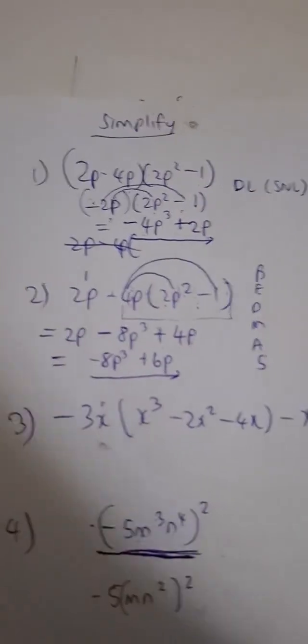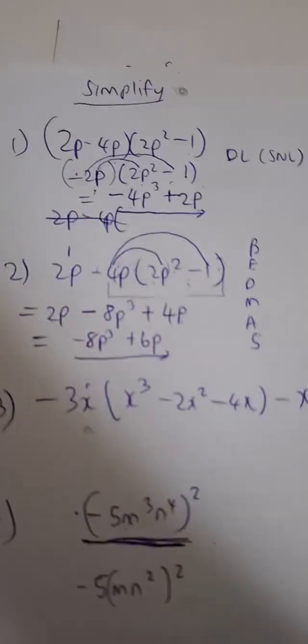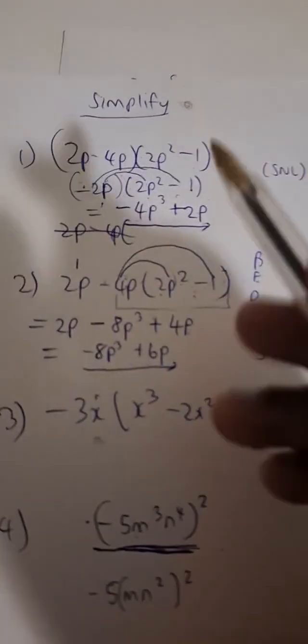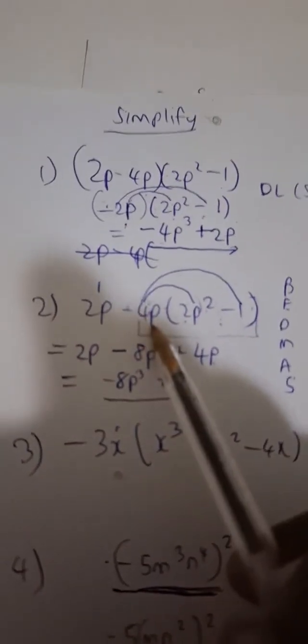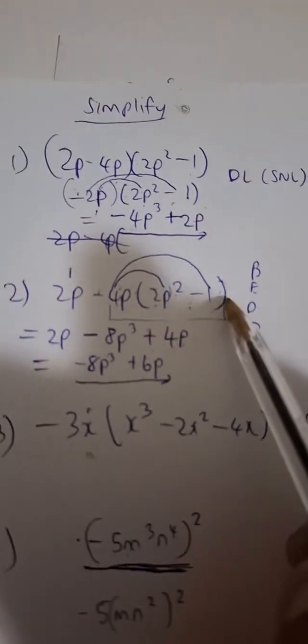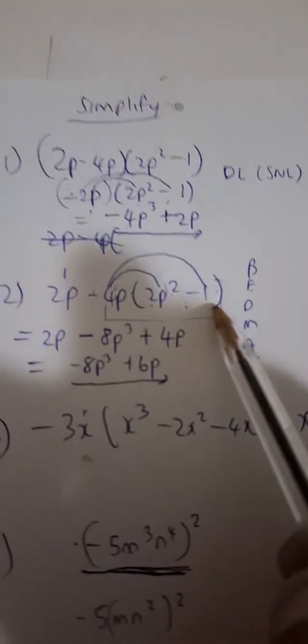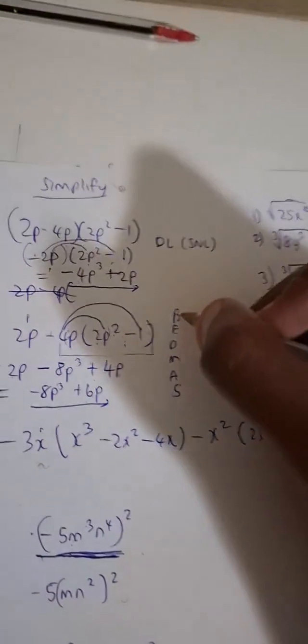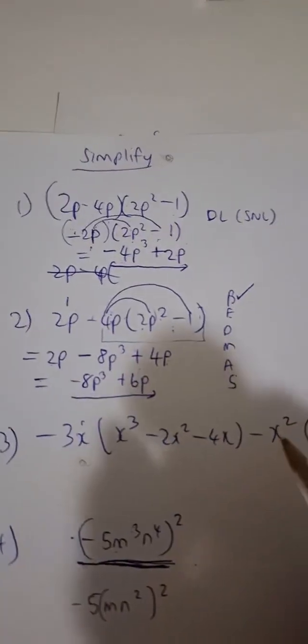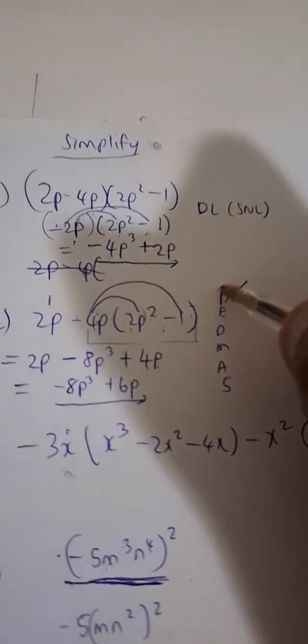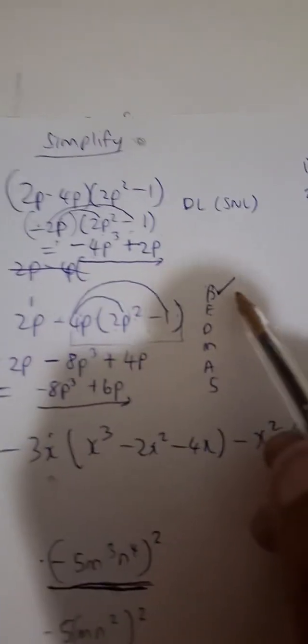You guys are saying, why not? I'm explaining the why not. You cannot, because the negative 4p has a relationship with this bracket, which is priority according to BEDMAS. According to BEDMAS, that relationship is priority.